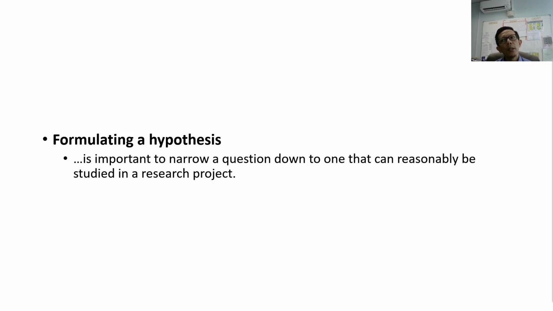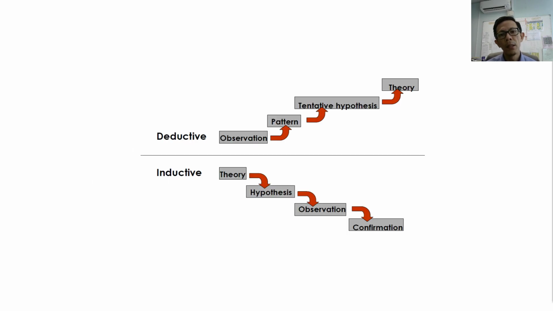And then how do you formulate a hypothesis, all right? Because you need to narrow down your questions so that it can be studied reasonably in a research project. So you can have a deductive or inductive way of doing it, from observations to pattern to tentative hypothesis to theory, or from theory to hypothesis to observations and to confirmation.